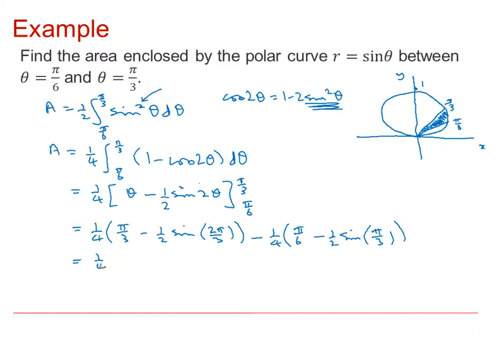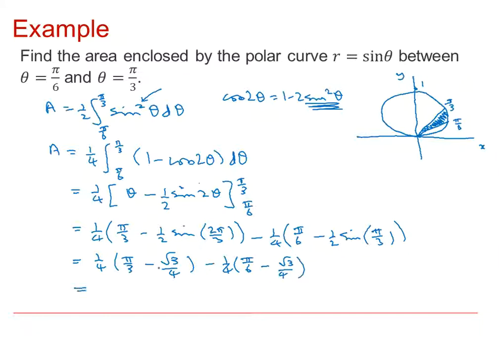So here we're going to get a quarter, pi by 3 minus, and sine 2 pi by 3 is root 3 over 2, so this is root 3 over 4, and this one is a quarter, pi by 6 minus, and sine pi by 3 is root 3 over 2, and times by the half is root 3 over 4.